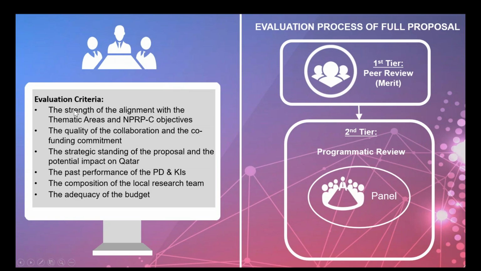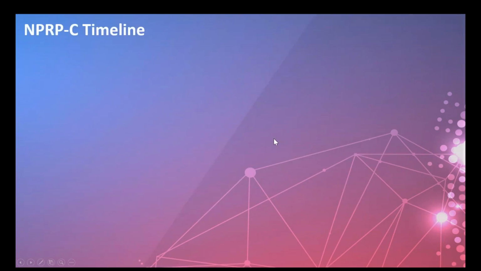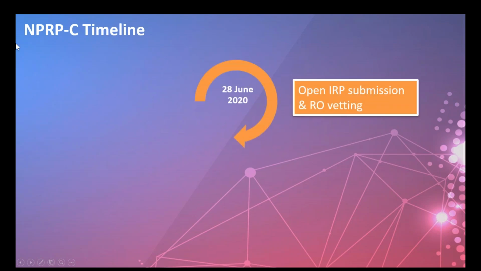The programmatic review criteria are the strength of alignment with the thematic areas and the cluster objectives, the quality of the collaboration and the co-funding commitment, the strategic standing of the proposal and the potential impact, the past performance of the team, the composition of the local research team, and the adequacy of the budget. All of these are listed in the request for proposal, which you can also refer to.